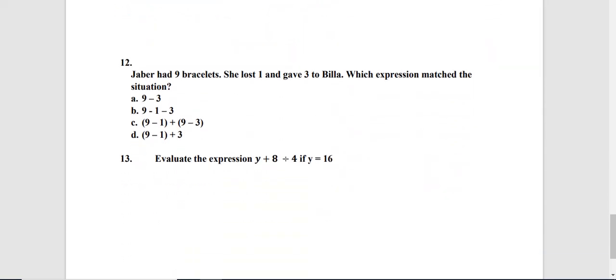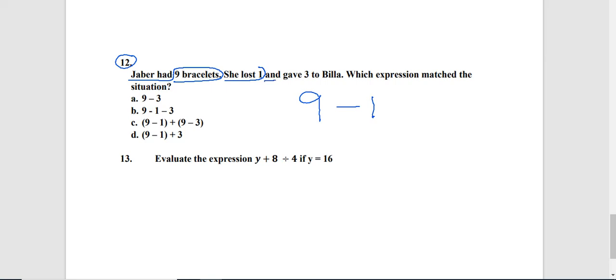Question number 12. Jabra had 9 bracelets. She lost 1. So that means from the 9 she lost 1. And that will leave us with an operator, minus 1.